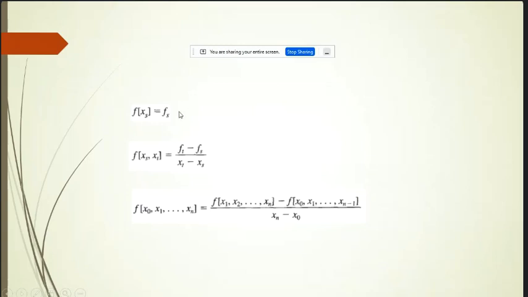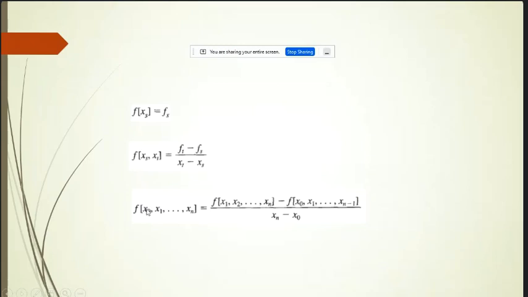We can also define a single argument f[xs], just as the value of fs. The divided difference of xs and xt is (ft minus fs) divided by (xt minus xs).